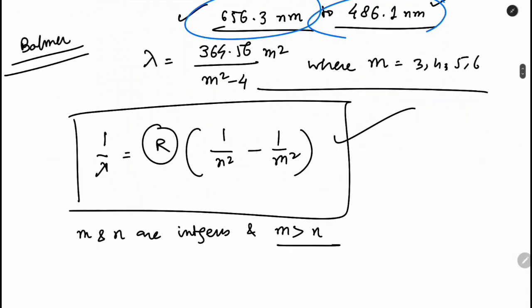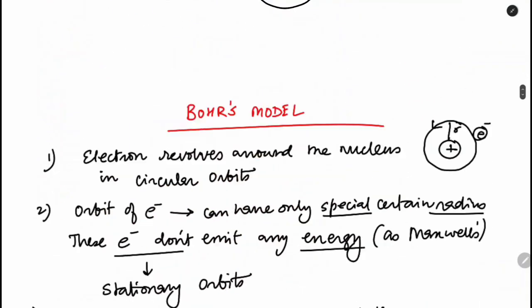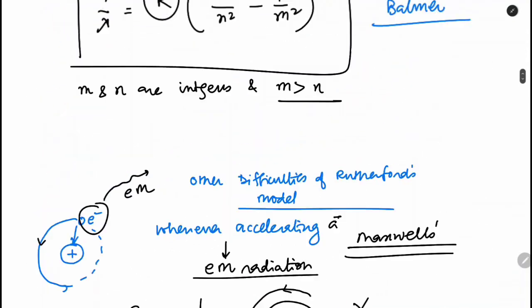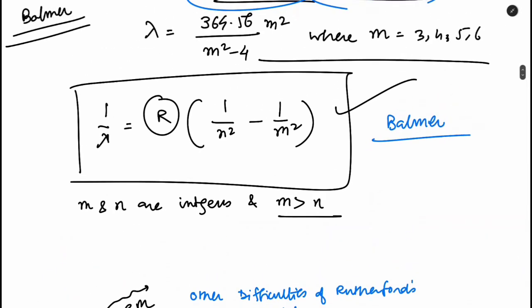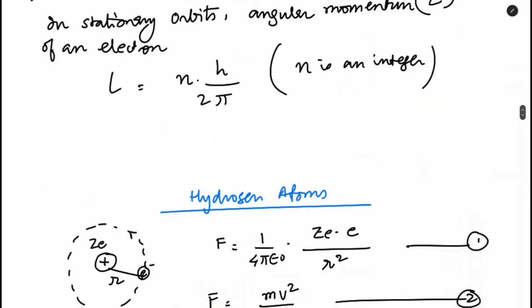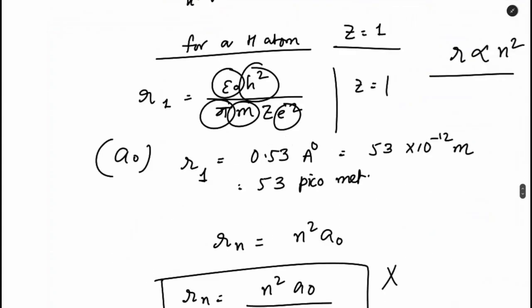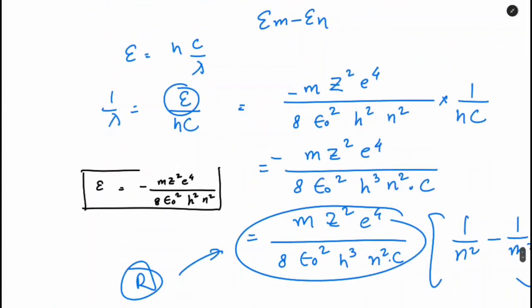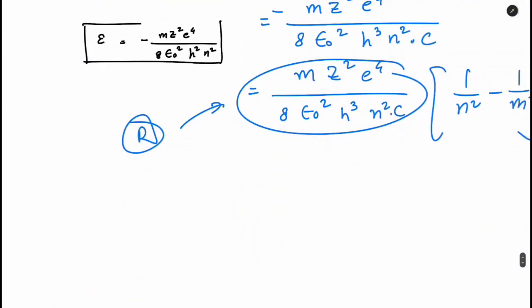A random mathematical formula was derived back then by a school teacher, I think his name was Balmer. We couldn't explain at that time why this weird equation comes, which was further discussed and derived by Bohr's postulates and Bohr's atomic model of hydrogen.